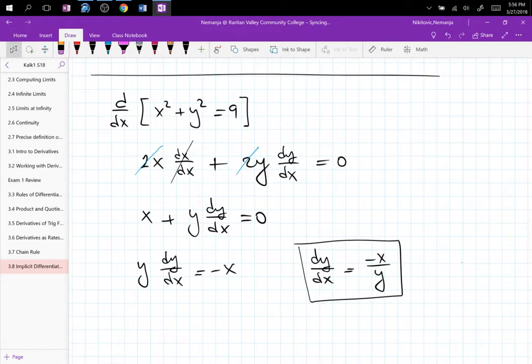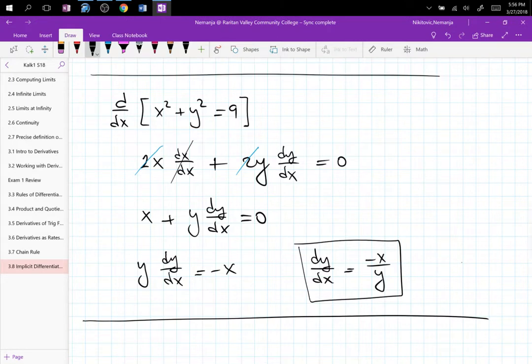But now you see that your derivative for the circle depends on both x and y. And that's new. In your old problems so far, when you found the derivative it was strictly in terms of x, and then you plugged in the numbers there to get the slope for the tangent line.